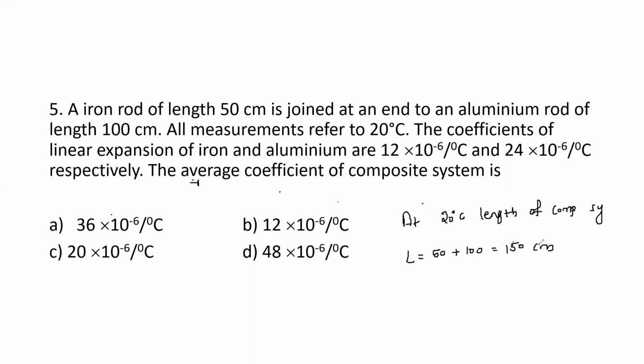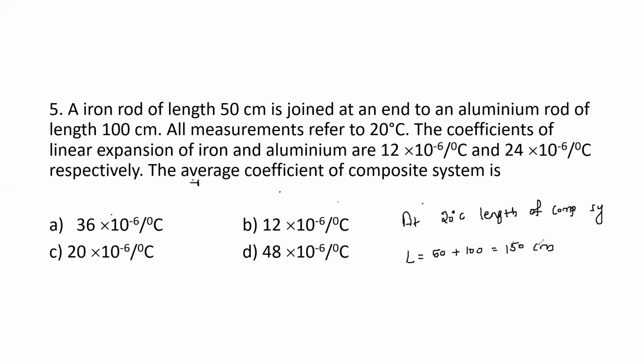So length of iron rod at 100 degrees Celsius is given by, see here, we have an iron rod of 50 centimeter, which is joined to the aluminium rod of length 100 centimeter. Therefore, the total length becomes how much?